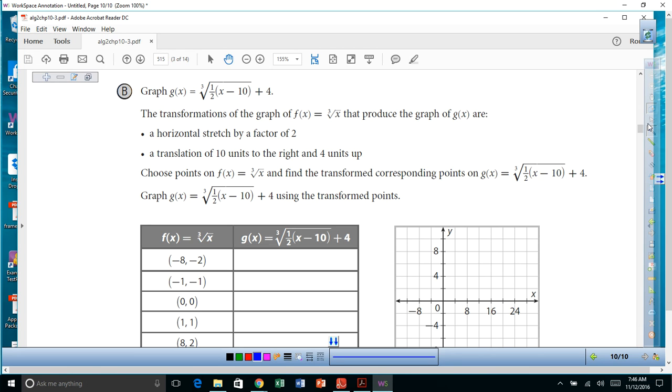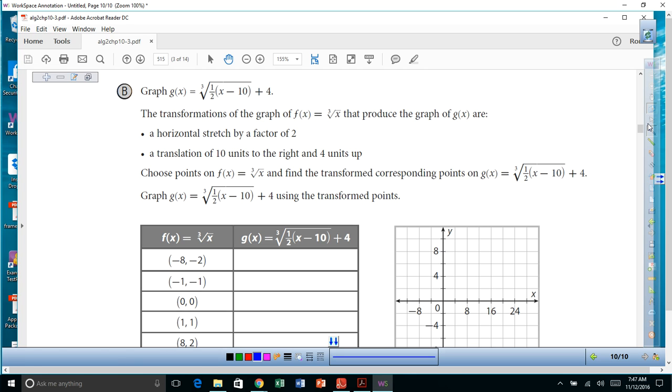The transformations of the graph of f of x equals the cube root of x that produce the graph of g of x are a horizontal stretch by a factor of 2, and a translation of 10 units right and 4 units up.